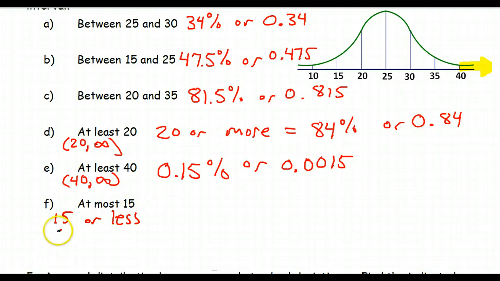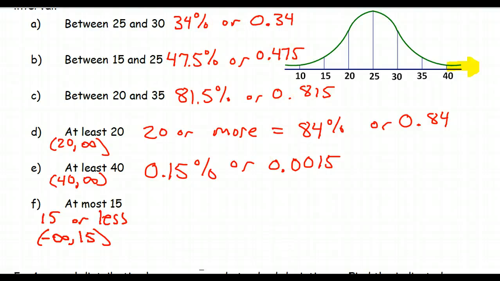So we really are talking about the interval that goes from negative infinity up to 15. That's what this grammar is describing. Let me highlight that for you to make it clear. So at most 15, that means negative infinity to 15, like that.